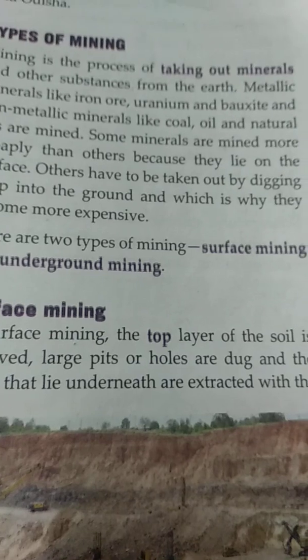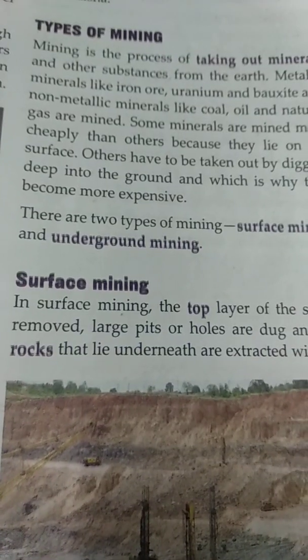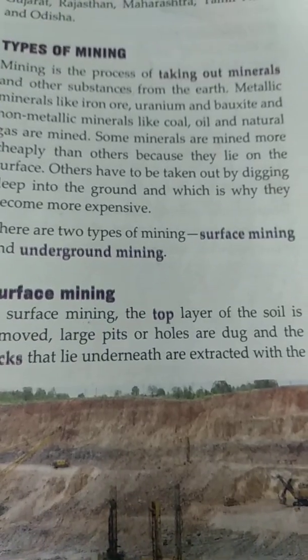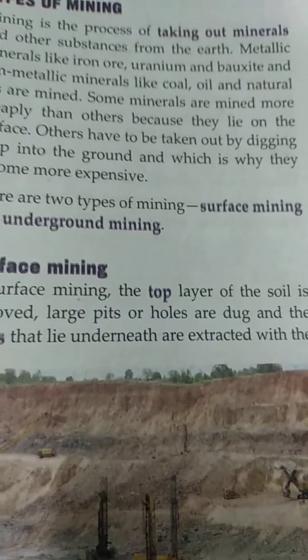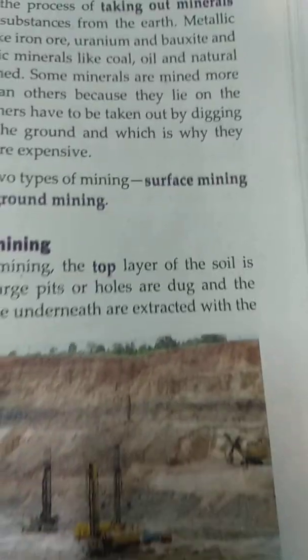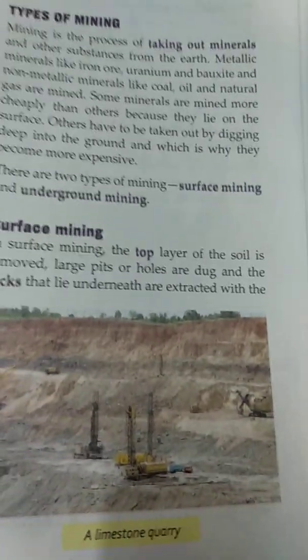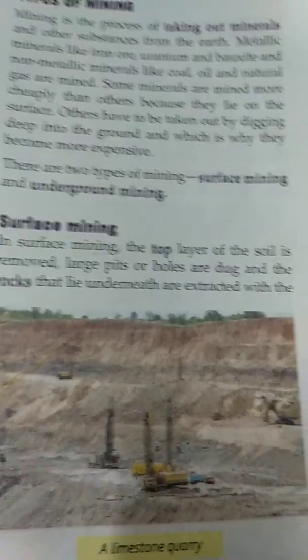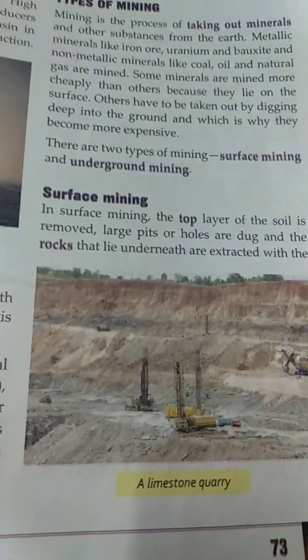Others have to be taken out by digging deep into the ground, which is why they become more expensive. As we cannot get them easily, we have to work hard to take those minerals out of the earth. A big process is going on, so these minerals cost so much.